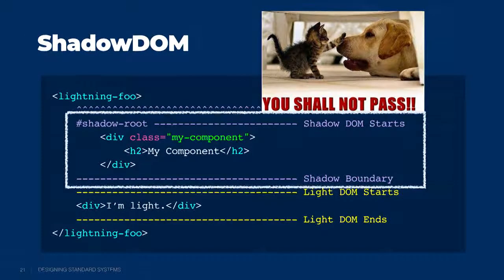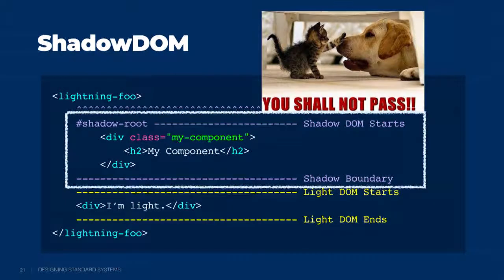Where it begins and where it ends, and where that shadow root ends is called the shadow boundary. Simple thing, but there's no close. When you inspect, you'll see shadow roots and native inputs and text boxes and things that come from the browser. You won't see the end of it. You'll just see the shadow root notation. But the end is where everything that isn't in there, the shadow boundary is the end.